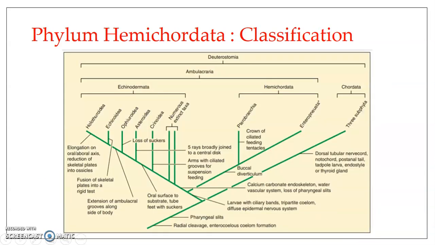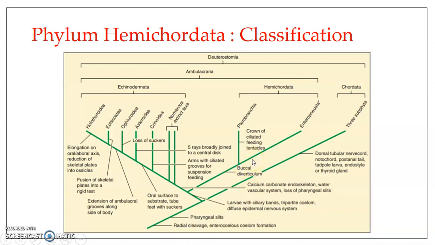Coming to the classification, here you can see the hemichordates, the chordates and the echinoderms, and how the position is among the deuterostomate groups. As you can see, the hemichordata arose from an ancestor which had a buccal diverticulum.